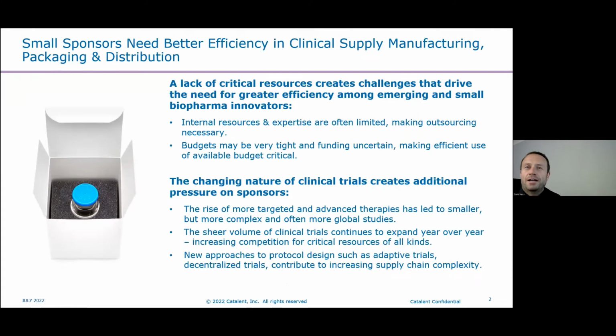So I just wanted to start with the question, why is speed to the clinic so important? An integrated approach using a development and clinical team supports all different sizes of pharma companies from small to large. But what we're seeing within Catalan is a number of emerging small biopharmas looking at new first-line therapies.